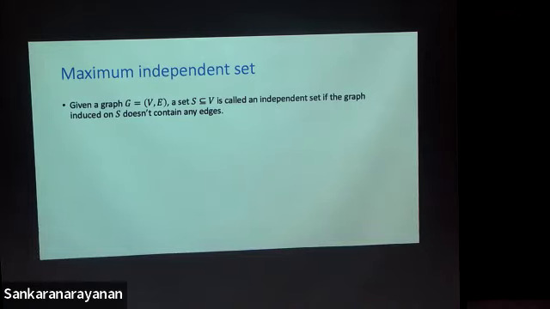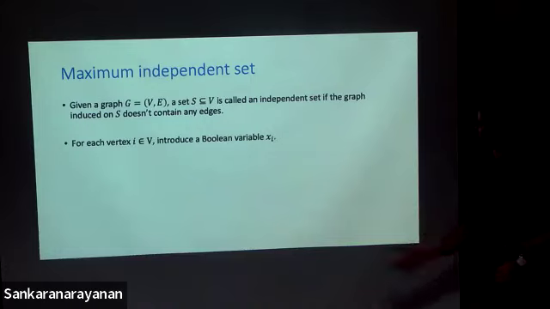We'll start in a way similar to what we did in the previous problem. For each vertex, we'll introduce a Boolean variable xi. Again, the same intuition as before: xi equals 1 means it's in the independent set, and if it's 0, that means it's not in the independent set.